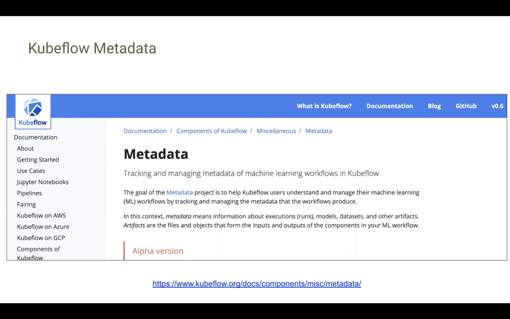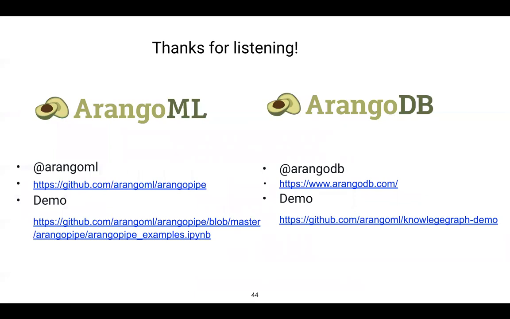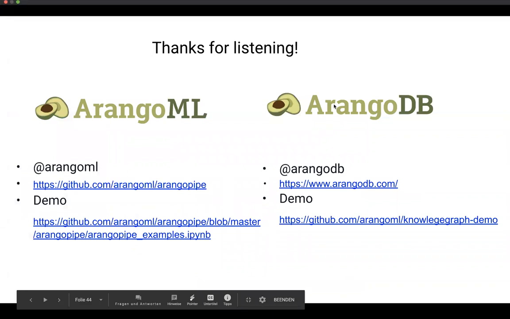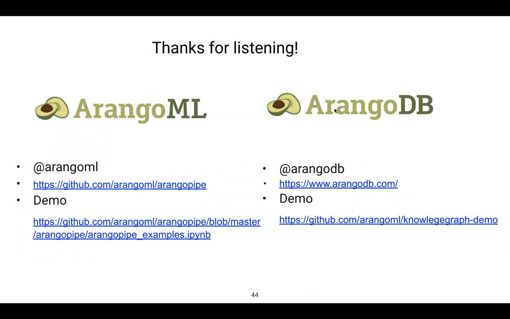So for us, this isn't really competition right now. I wouldn't see it as that, but more like a validation that it's actually a real problem we should look at. I'll jump into a quick demo. I believe we still have some time left. Yes. Already here are the links to ArangoML.